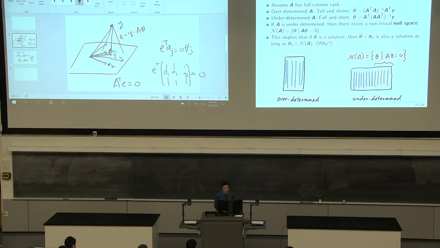Now if A is an underdetermined system, then you can show that there exists a non-trivial null space. What is null space? Previously, we defined the notion of range space, which is the set that contains all the possible linear combinations of the columns.